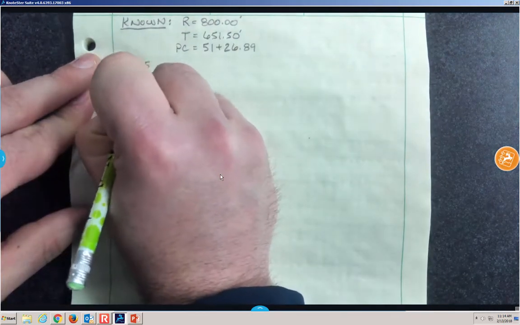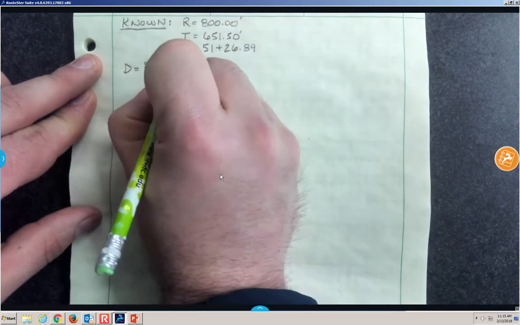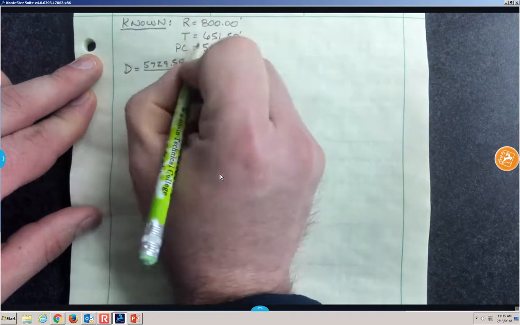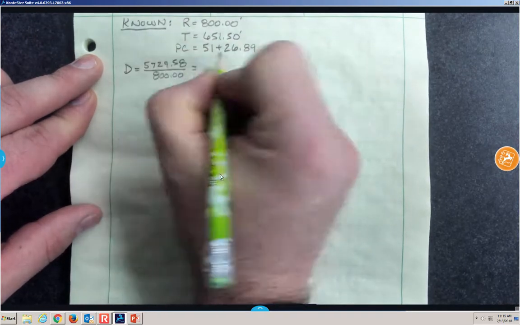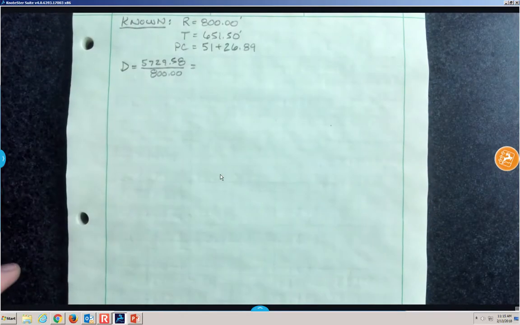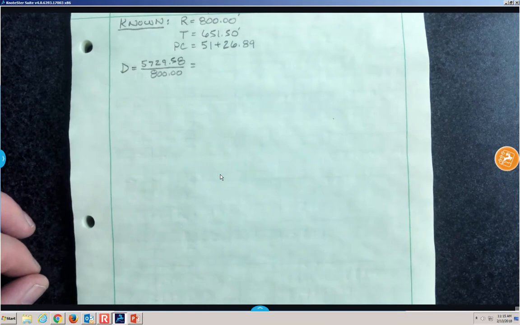D is equal to 5729.58 divided by the radius, 800. So what is D? In degrees, minutes, seconds, not decimal degrees.